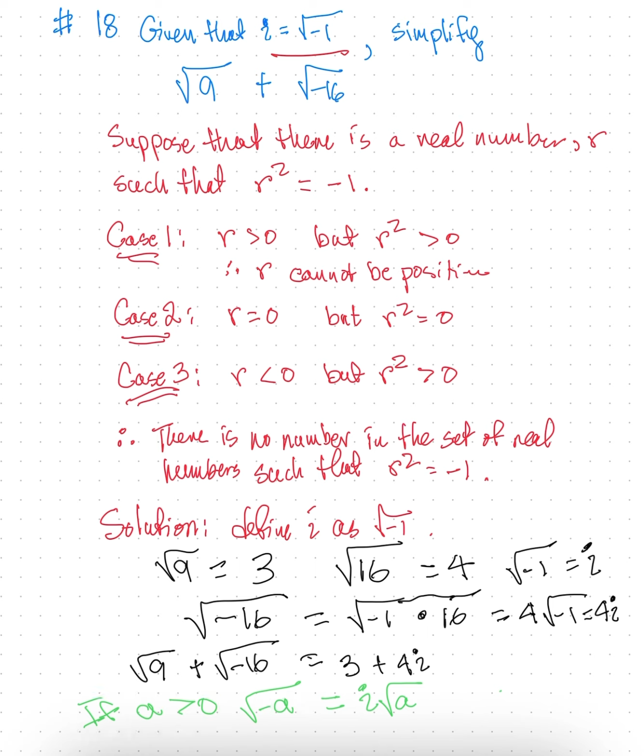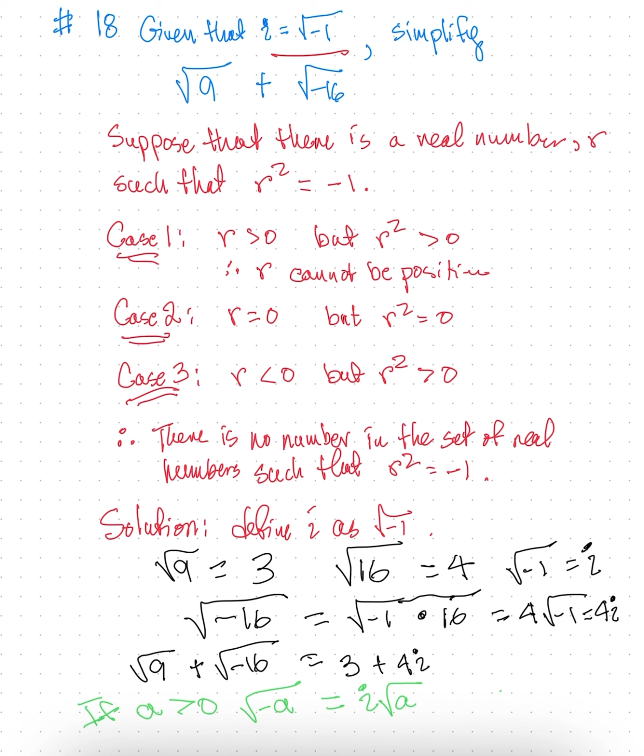That is a very important fact that will help you in working with complex numbers. So the main ideas that we need to take away from this are that i is the square root of negative 1, and the square root of negative a is i times the square root of a.